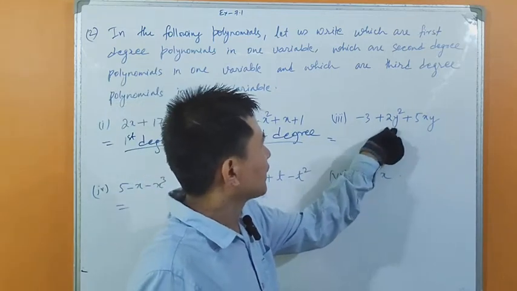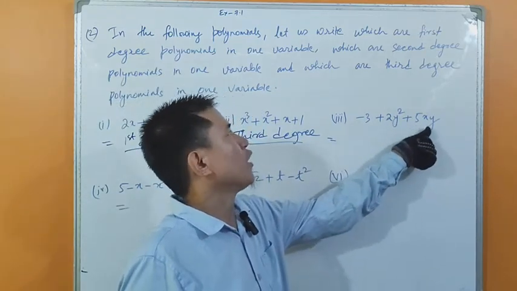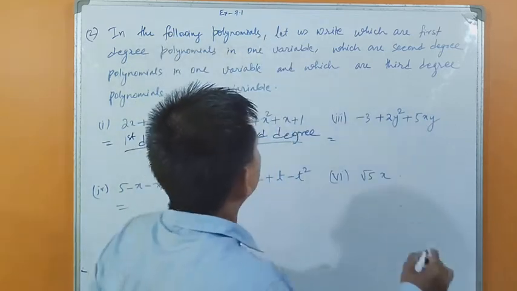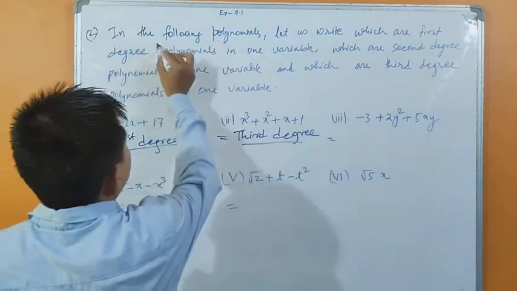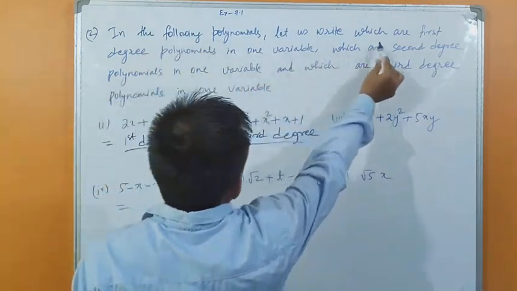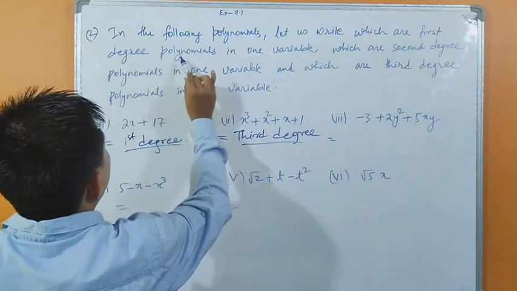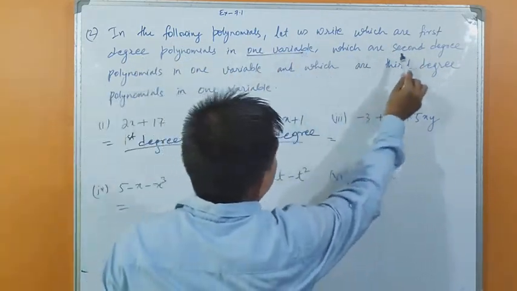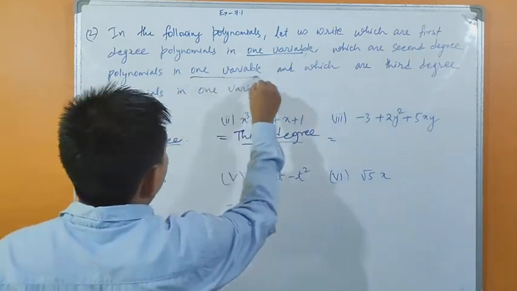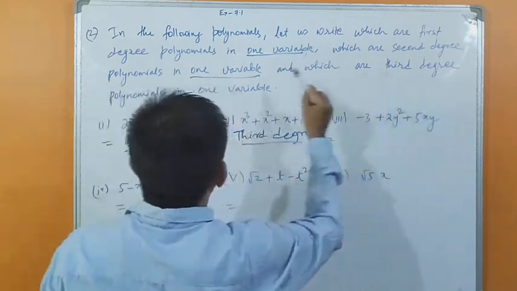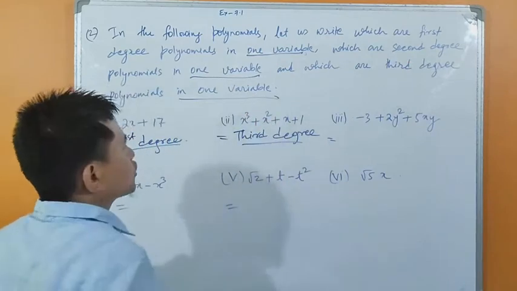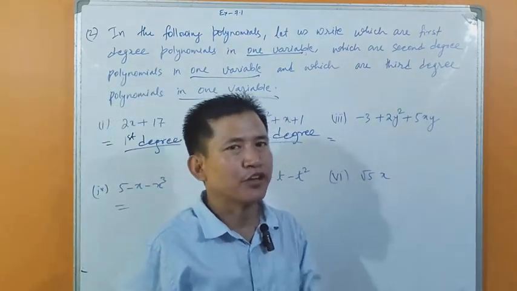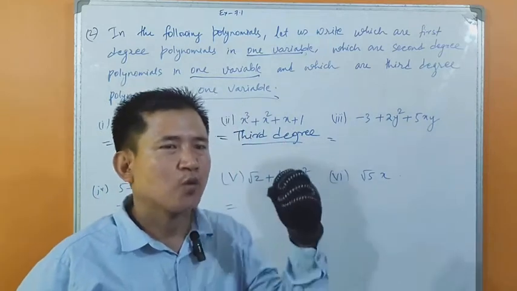Now, here you can see two variables, x and y. So we are asked to write only the polynomials with one variable. Let us read the instruction again. Write which are first degree polynomial in one variable, which are second degree polynomial in one variable, and which are third degree polynomial in one variable.